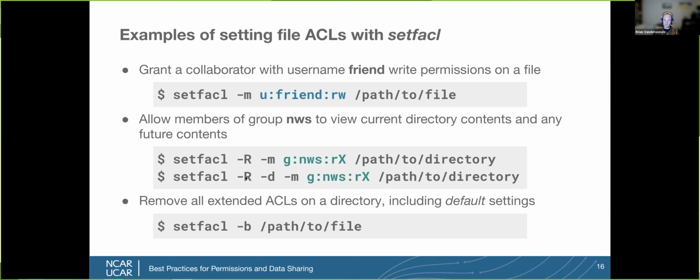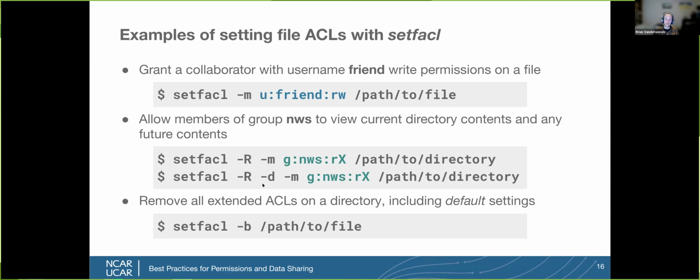I can use this recursively, just like some of the other commands we talked about. And again, I'm modifying. So I'm adding a named group entry here that has read, execute. I'm using the capital X again so that it only applies in situations that make sense for directories and for files that should be executable. And then I'm specifying it on the entire directory and everything that is recursively within that directory.